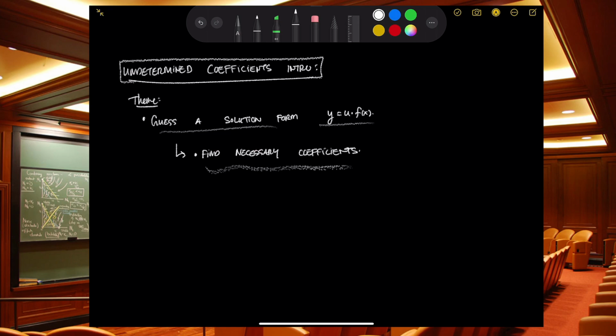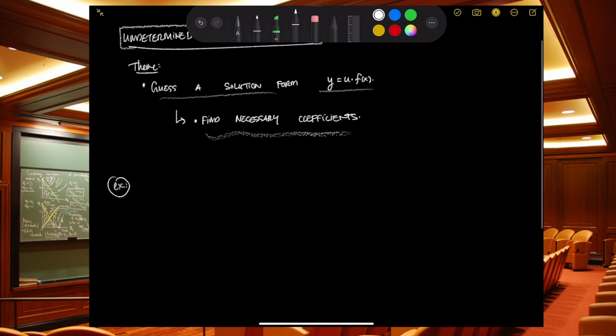Okay, so I'm going to do an example here to highlight the things we have to consider. We're going to find a particular solution to y double prime minus 3y prime plus 2y equals 5e to the 4x.